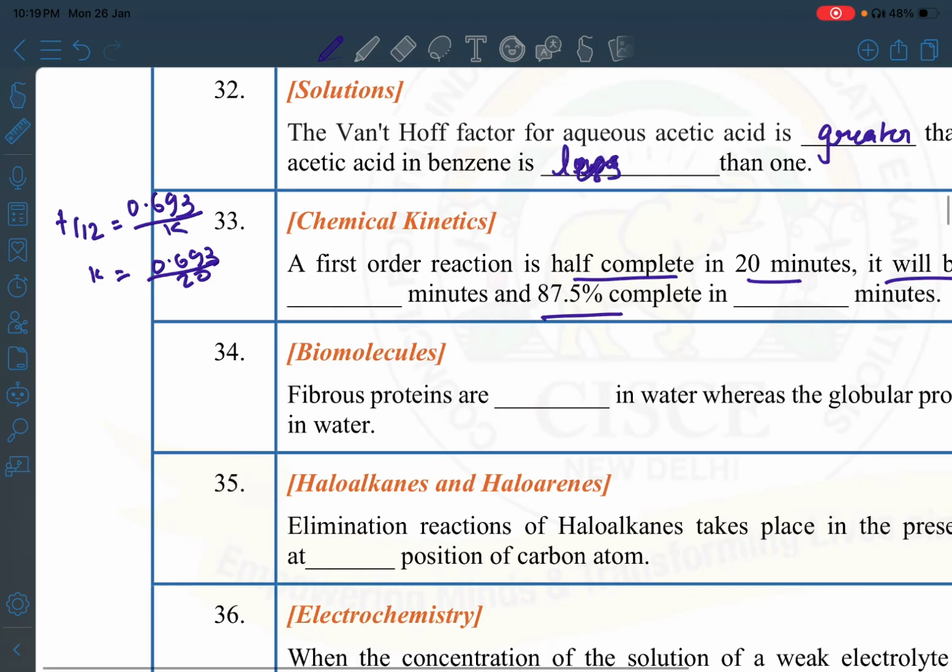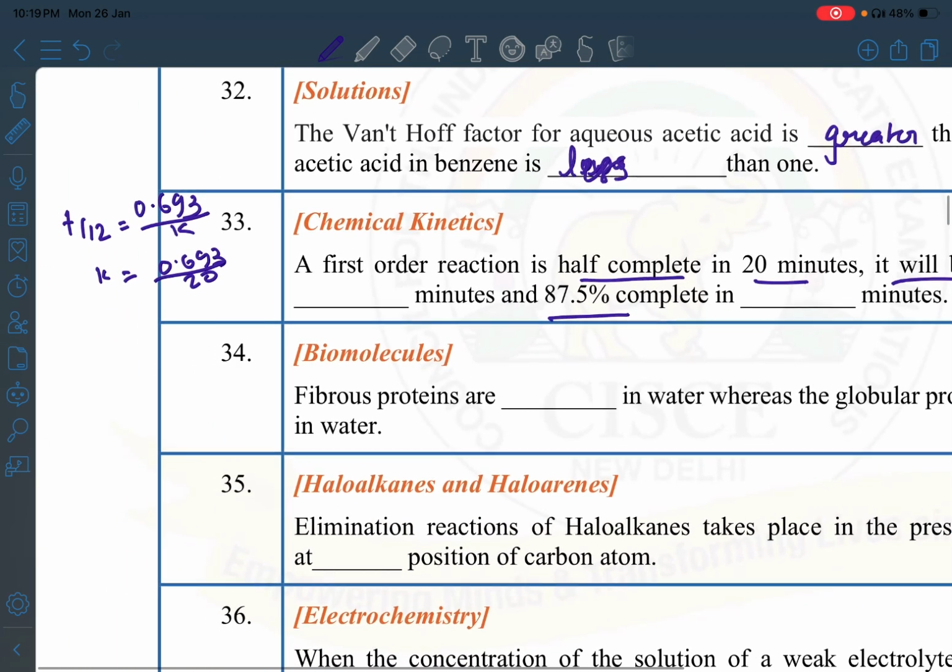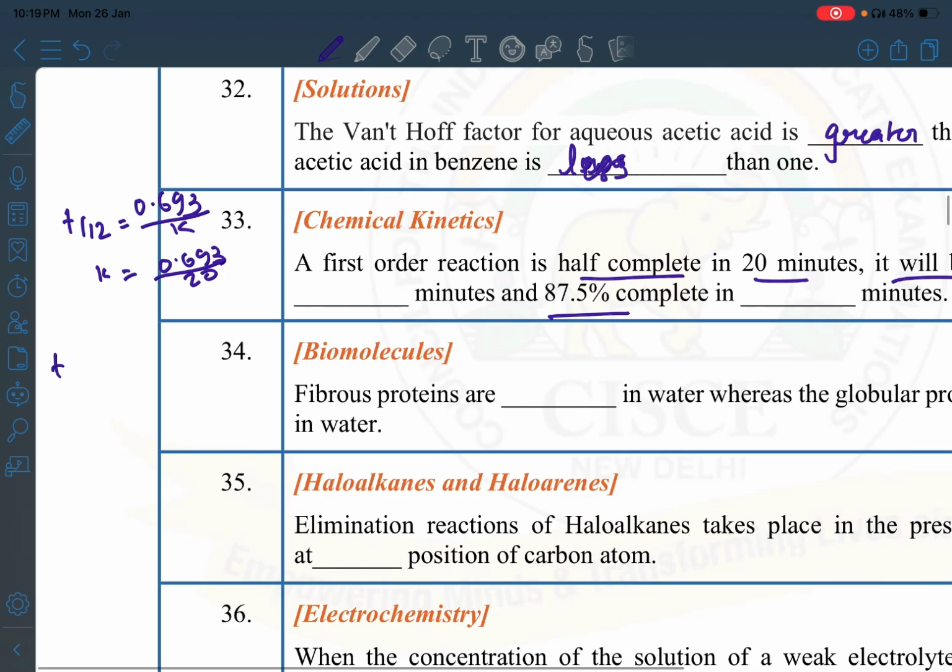Now for the 75%, t equals 2.303 by k into log a naught by a.